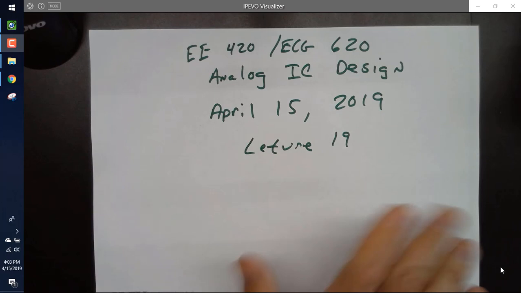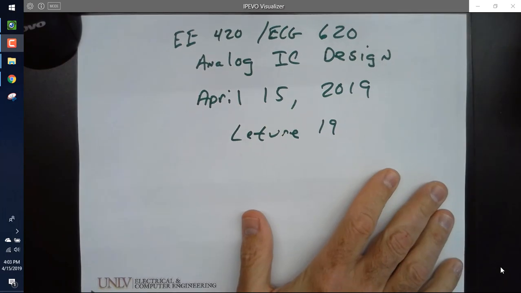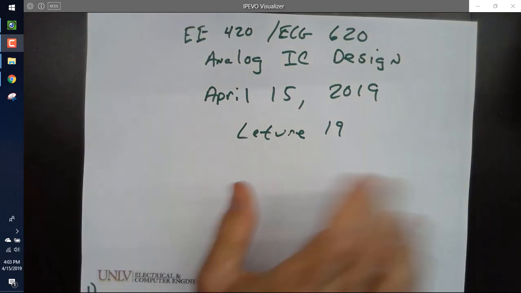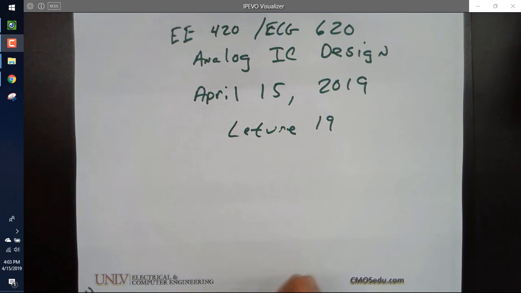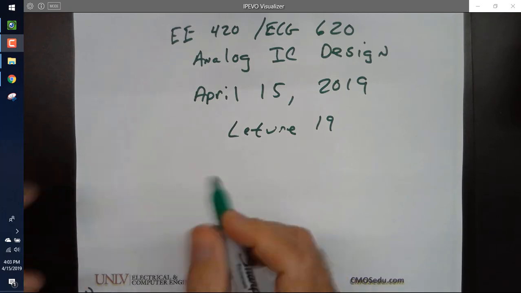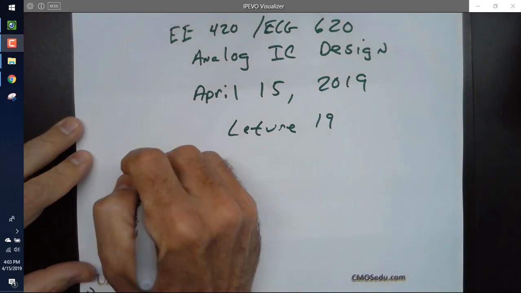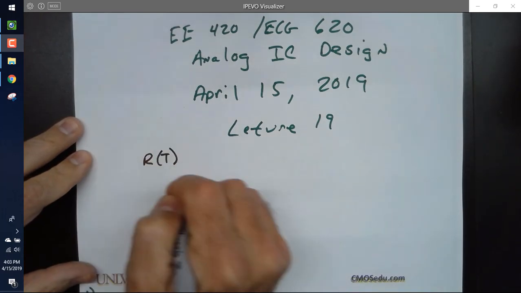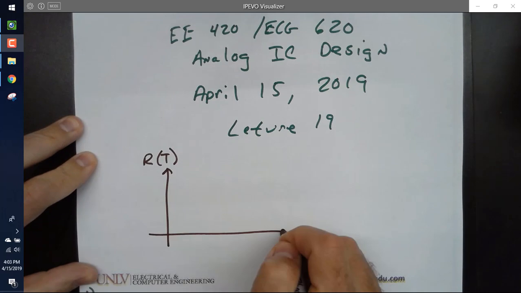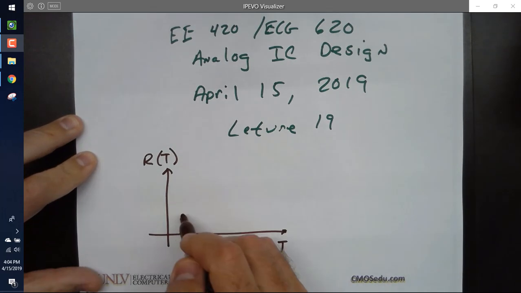So a couple of things. Refresh my memory. Did we talk about temperature coefficient of resistors, for example? No. All right, I'm going to go through it real quick. So generally, if you plot a resistor's value versus temperature, generally it goes up.